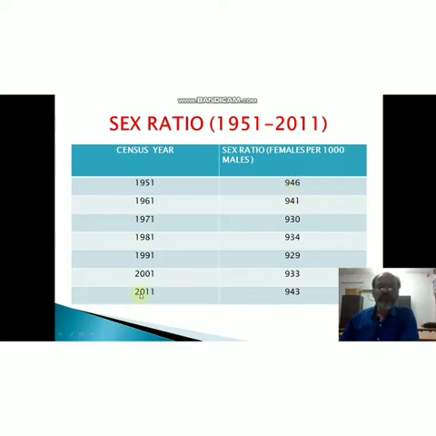If you see in 2011 it is 943. Government is thinking to increase the sex ratio. Government is making efforts to increase the sex ratio because females are also very much important in the society.